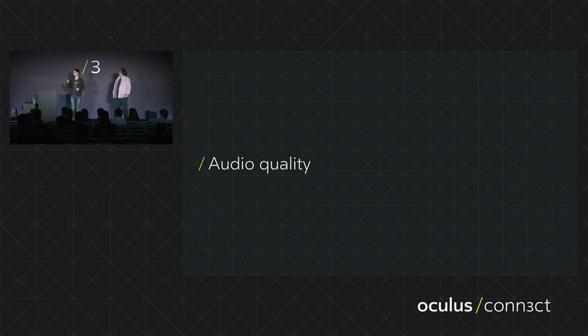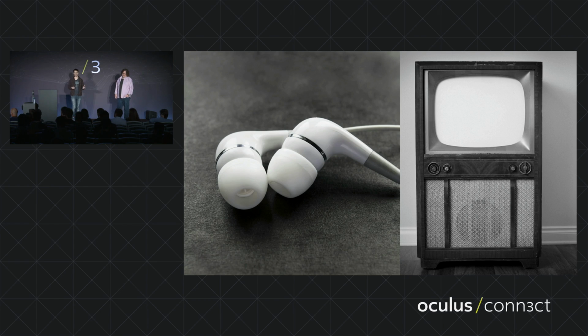Having high quality on the hardware is a real shift from other mediums. When you consider mixing for other platforms, say music or television, you've got a really wide variety of listening environments and listening equipment.